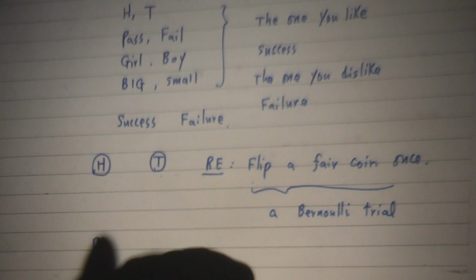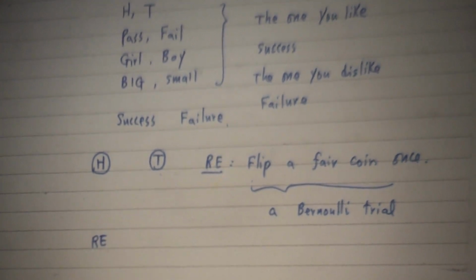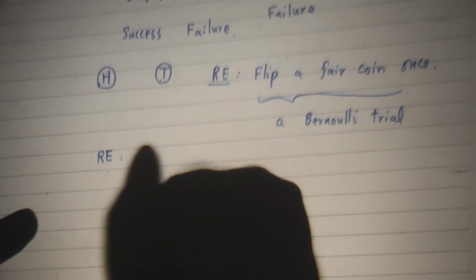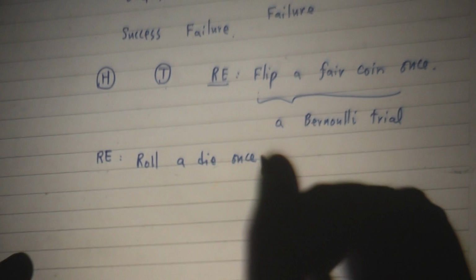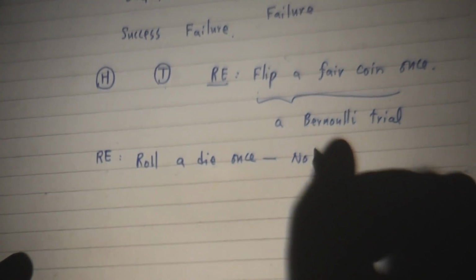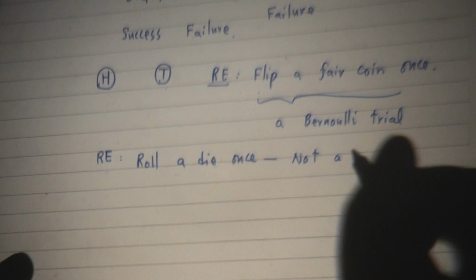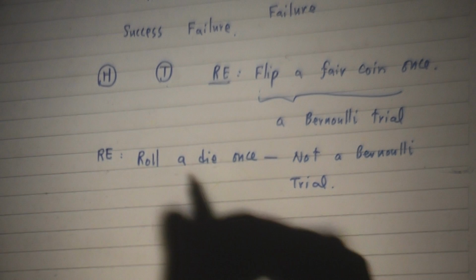Now let's look at another random experiment. Roll a die once. This is not a Bernoulli trial. Why is this one not a Bernoulli trial? Because you expect to see 6 different outcomes.